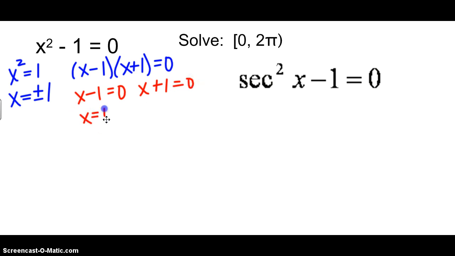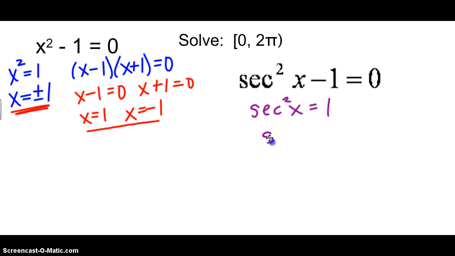So x would be equal to 1, or x would be equal to negative 1. But notice you get the same answers either way. So on this one, I'm going to choose to add 1 to the other side. Take a square root, plus or minus 1.